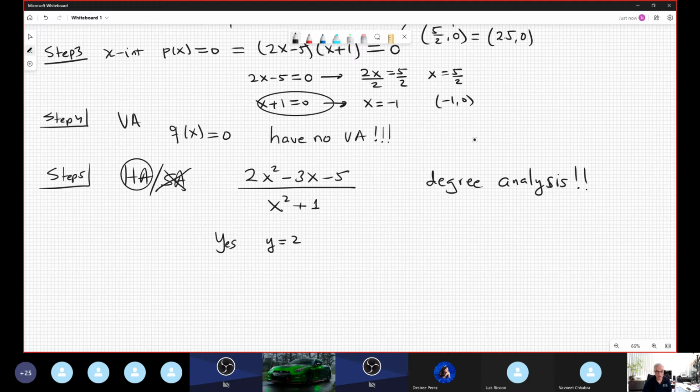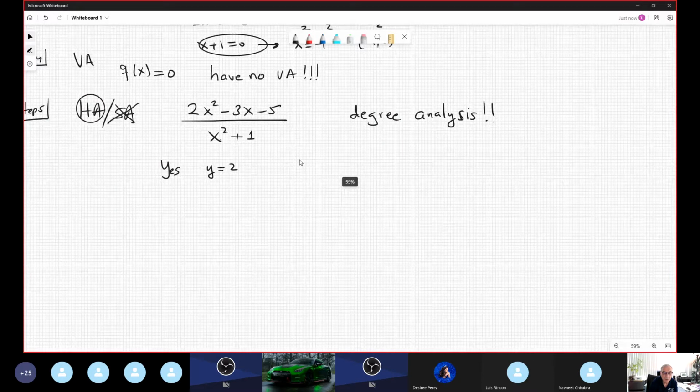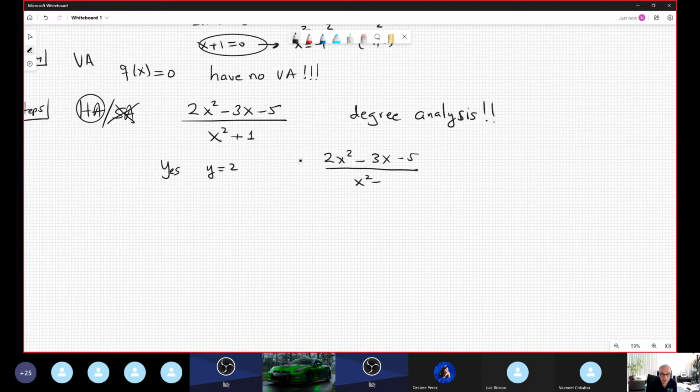Now I need to verify if the function crosses the horizontal or not. Yes, always, guys. In the last example I forgot, but now I don't. You copy, in the middle, not in the end behavior, this expression 2x squared minus 3x minus 5 divided by x squared plus 1 should be equal to 2, and you cross multiply one more time. 2x squared minus 3x minus 5 is equal to 2 times x squared plus 1, which is 2x squared plus 2.